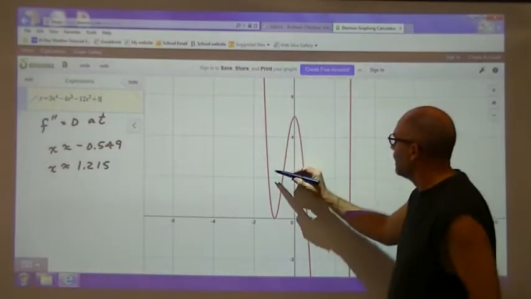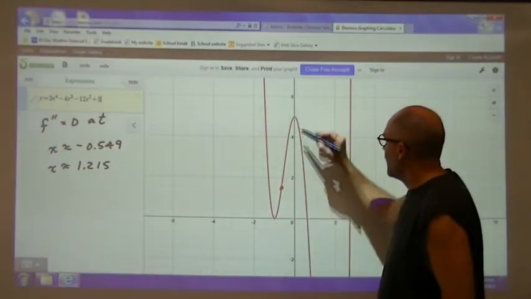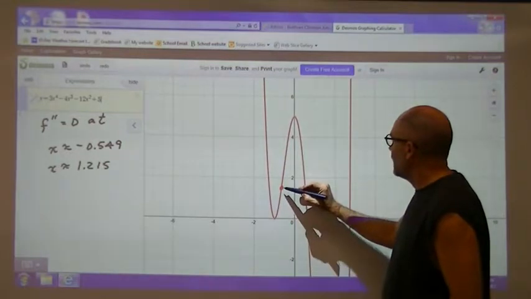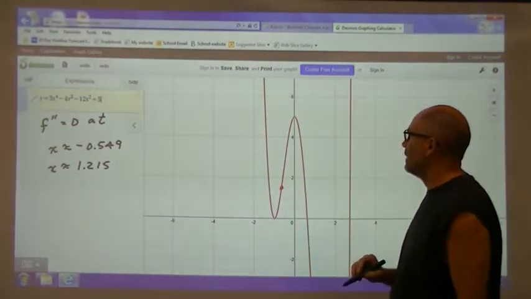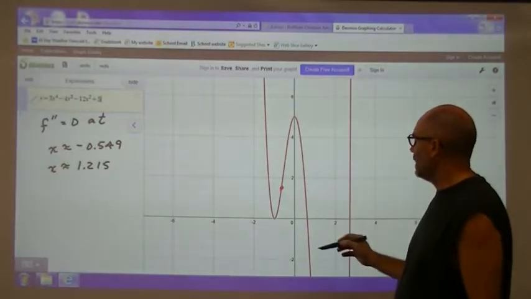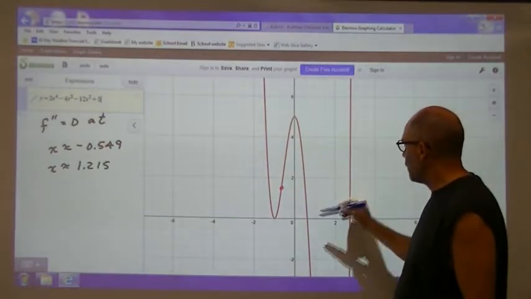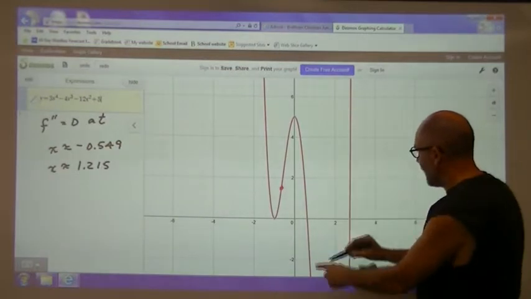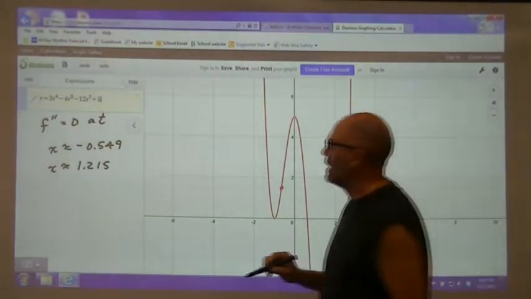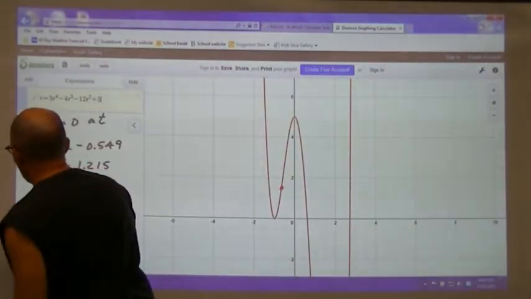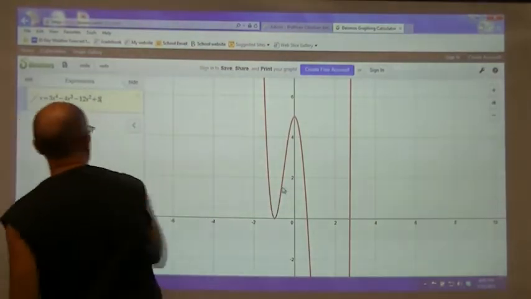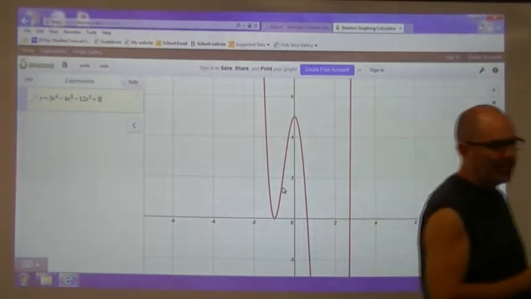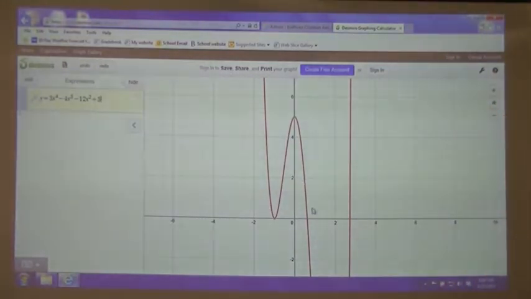Notice we're going from concave up to concave down, or it's got its point of maximum steepness right there at that point. Now, the other place, 1.215, well, you can't really see this downhill slope the way it is right now. So let's get rid of this, and let's move our curve up.